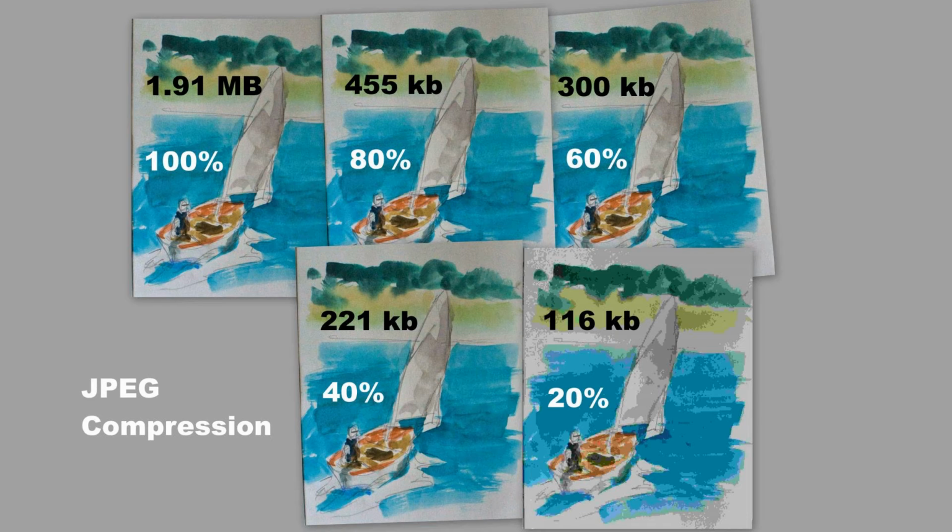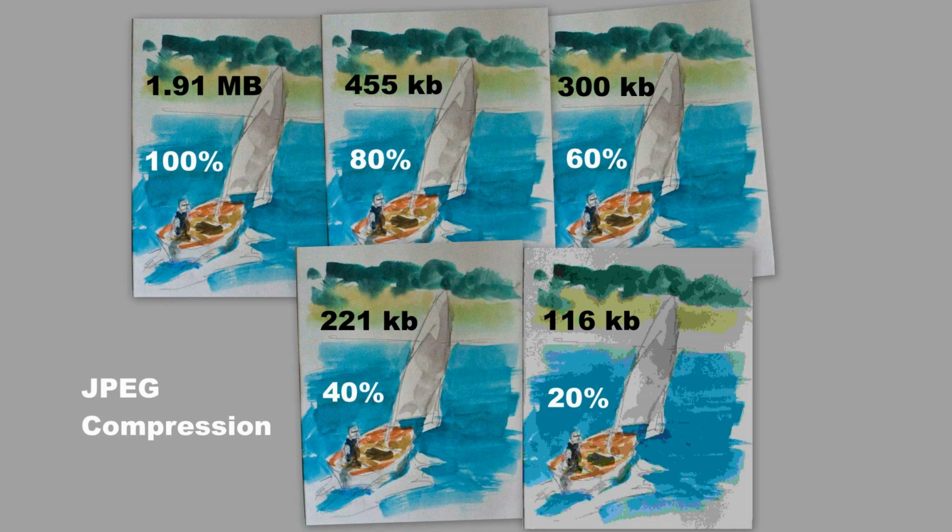And typically, if you compress it to 80, you probably won't even notice the difference. Social media often compresses down to about 60, and you really won't see the difference unless you compare them.